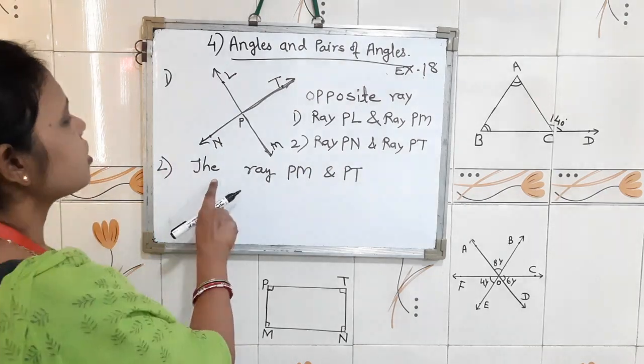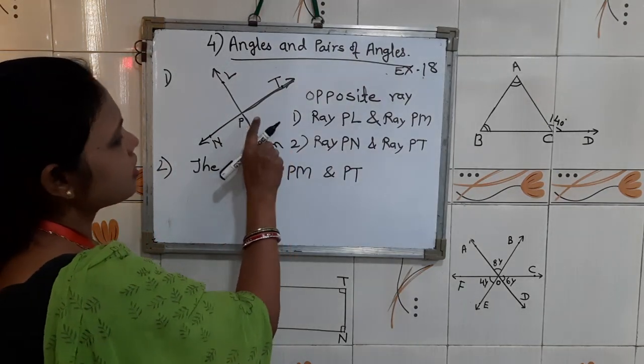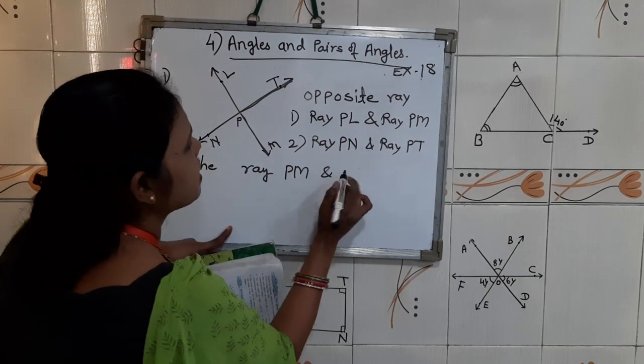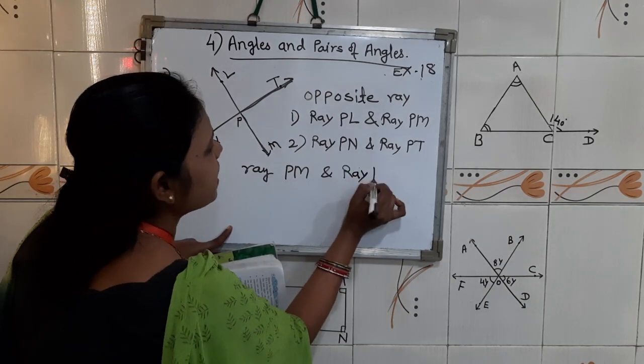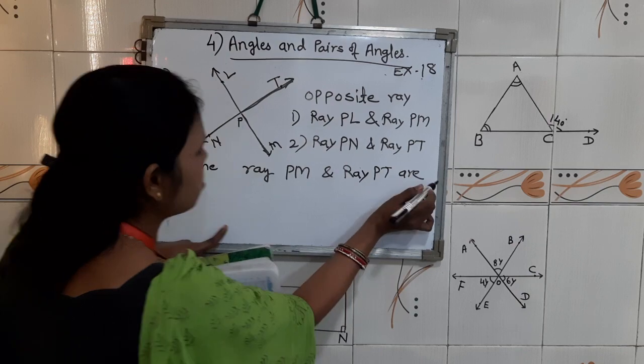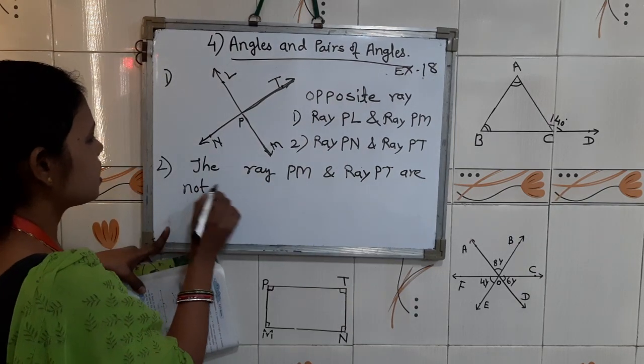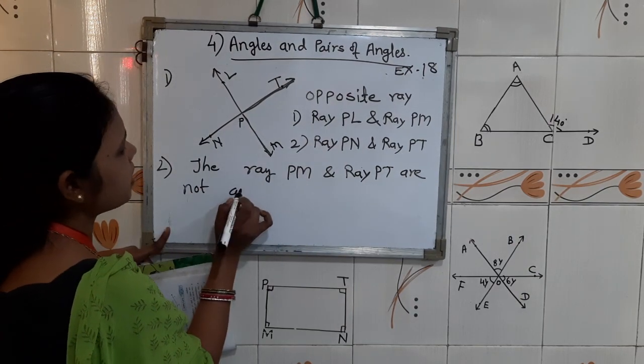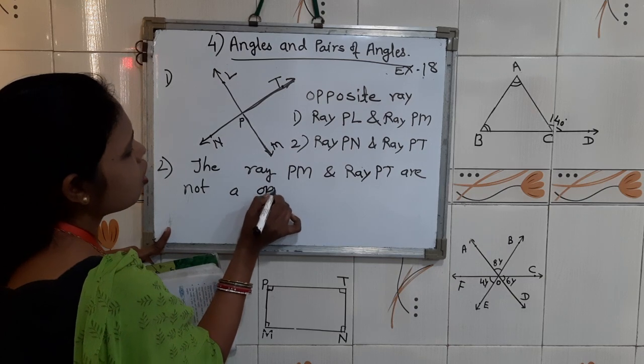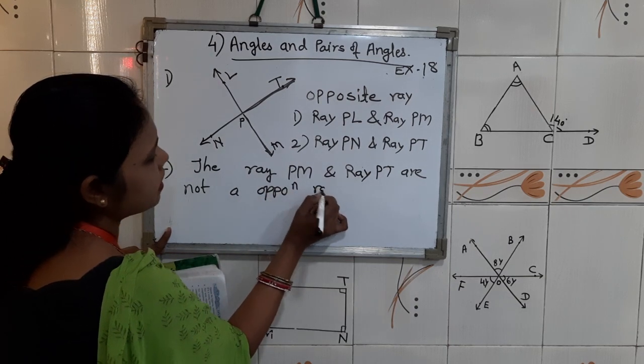So children, the ray PM and ray PT are not opposite rays.